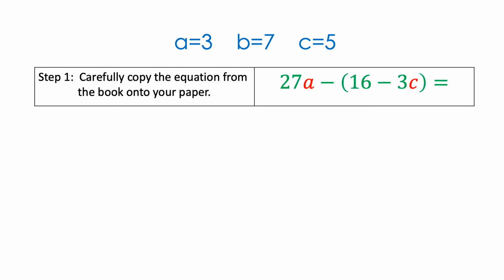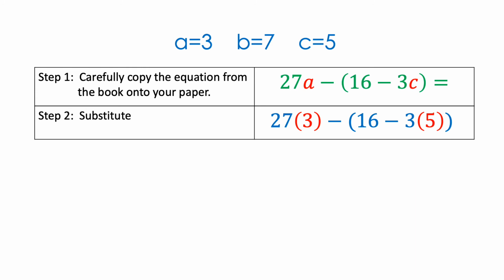On this next equation, we have parentheses. So to solve this, first we're going to substitute: 27 times 3 minus, parentheses, 16 minus 3 times 5. Now, we substituted according to the values given at the top of the page. The next step is to multiply, because we always multiply before we subtract.